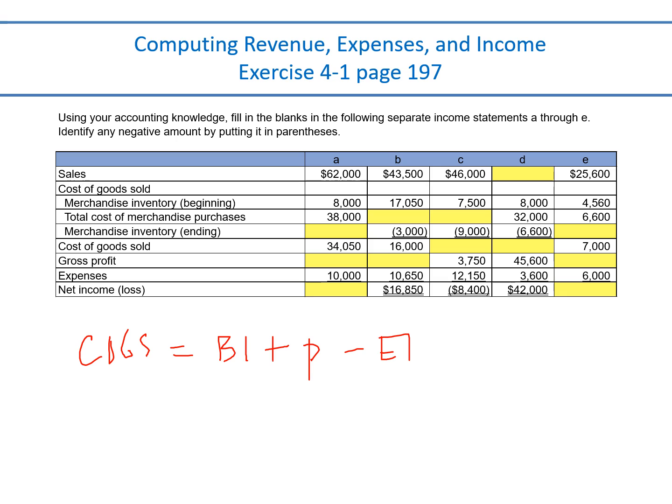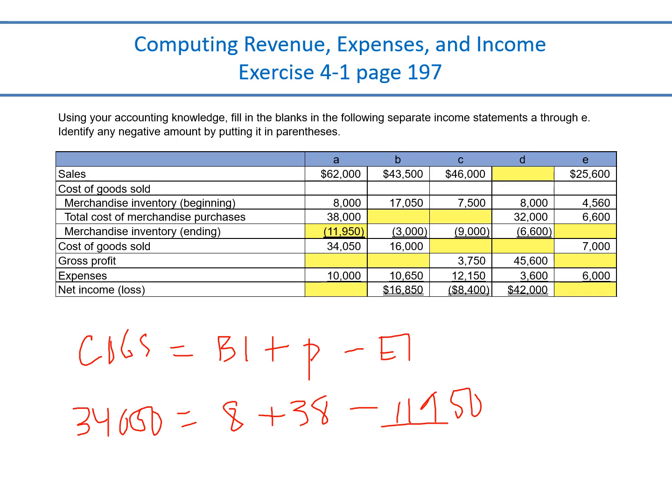And so if we fill in our pieces, we have $8,000 here, $38,000 here. Ending inventory is what we're solving for. And they tell us the cost of goods sold is $34,050. So if we take $34,050 minus 8,000 minus 38,000, this is 11,950.